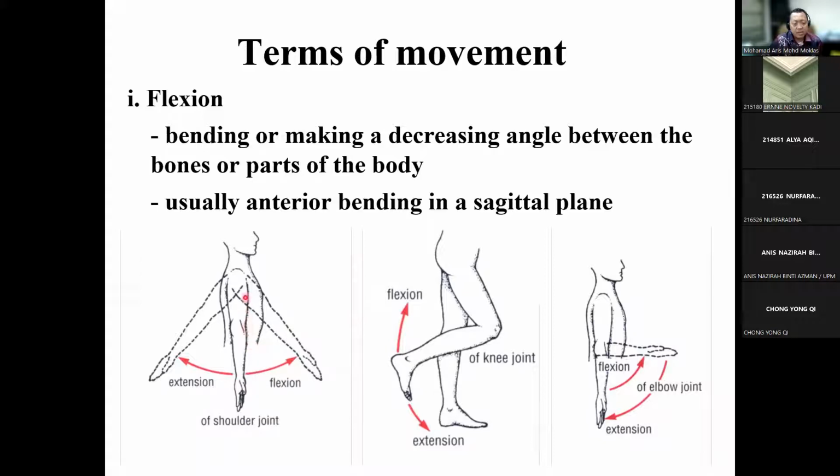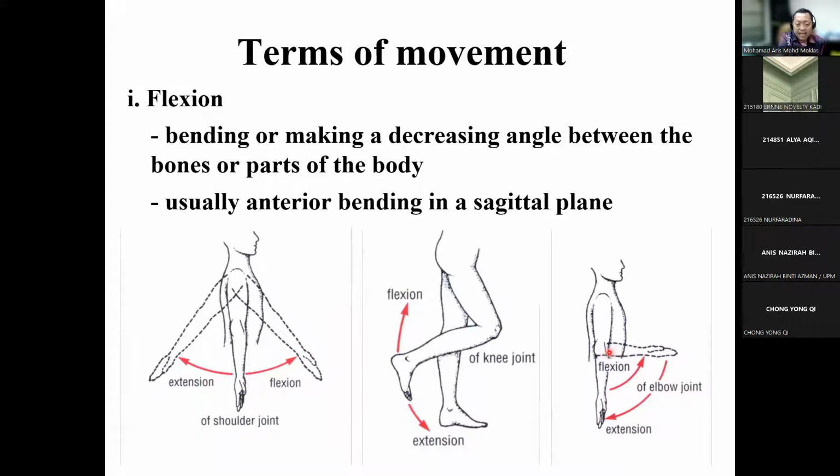When you mention movement, you must mention the name of the joint. For example, in the diagram here, there's flexion of the shoulder joint. Here is flexion of the knee joint, or flexion of the elbow joint.